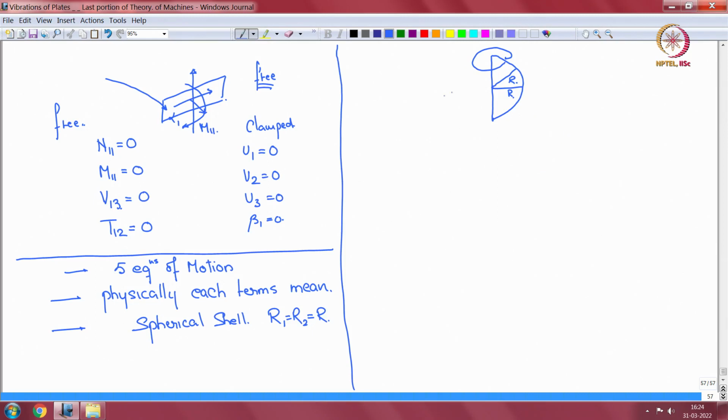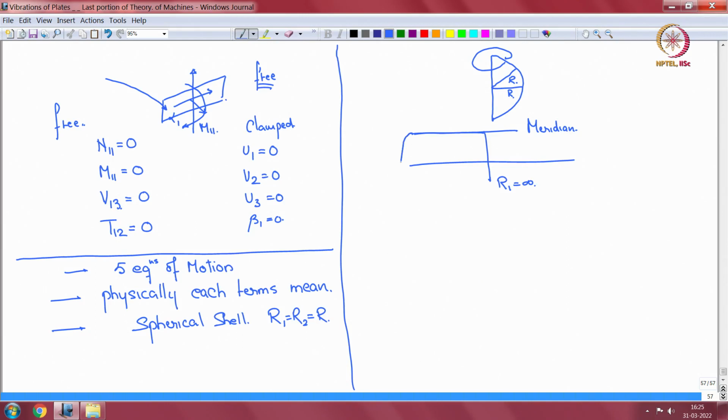For example, for the cylinder, we had an axis and a straight line. That straight line is the meridian, and its own radius of curvature is infinity.